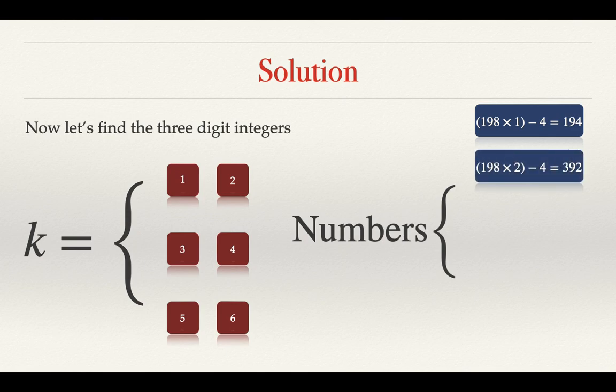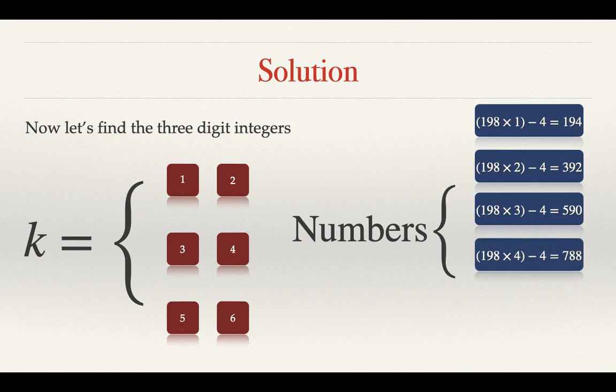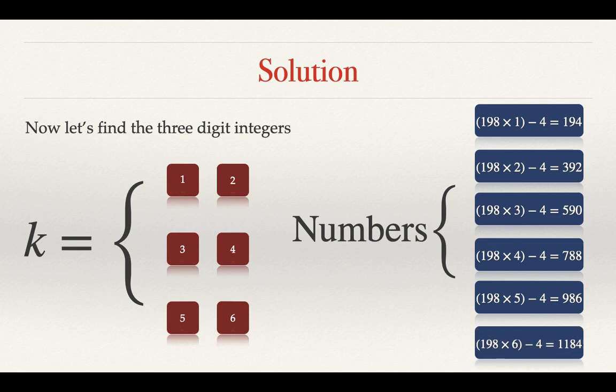Next we take k as 2, we get 392. We take k as 3, we get 590. We take k as 4, we get 788. We take k as 5, we get 986. When we are taking k as 6, we are getting 1184.